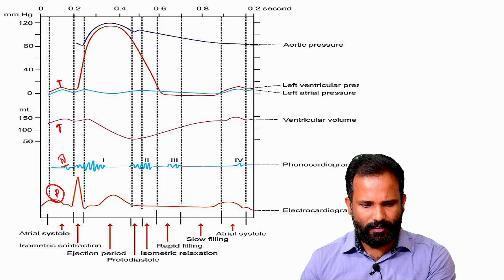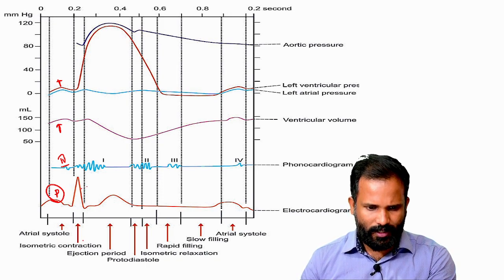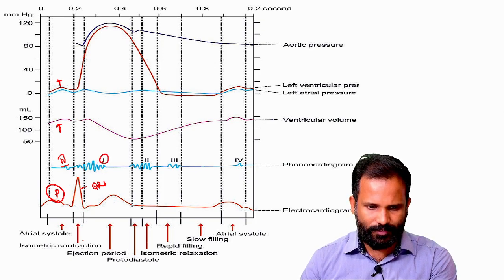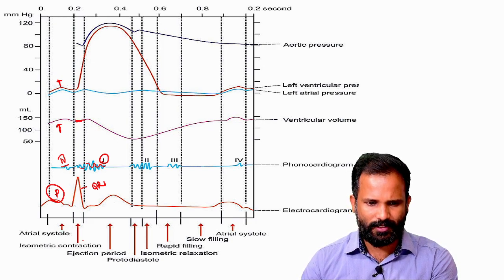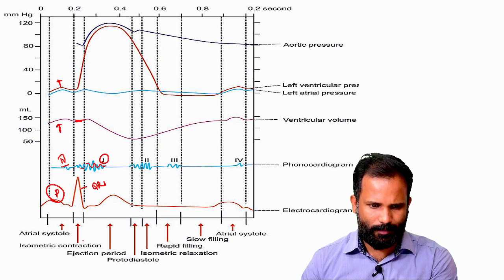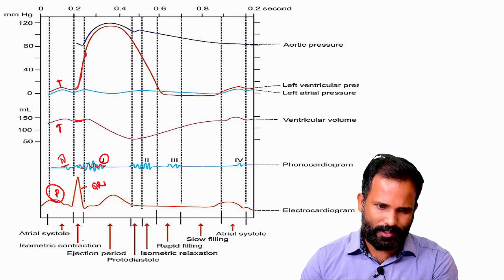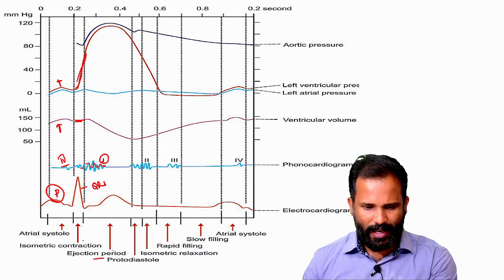Coming to the isometric contraction, QRS complex in ECG, and isometric contraction will cause the first heart sound. If you see here, it is in both isometric contraction and ejection also. Coming to the ventricular volume, isometric means constant, and coming to the pressure, the purpose is to increase the pressure, so pressure increased.